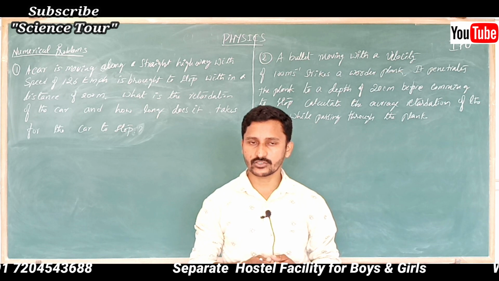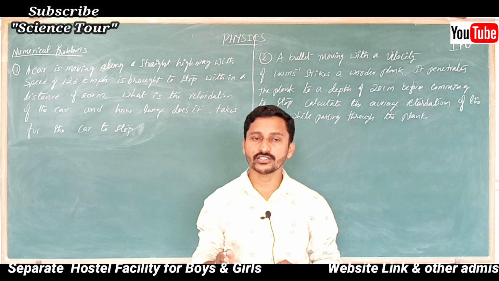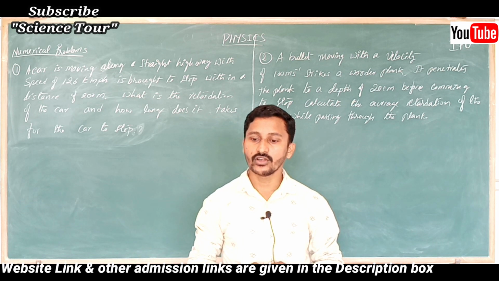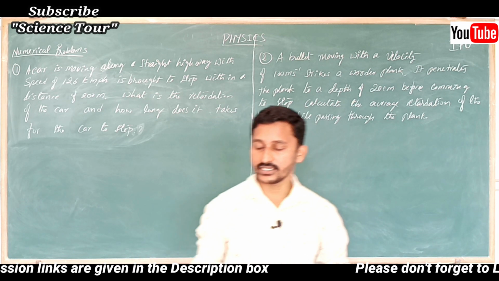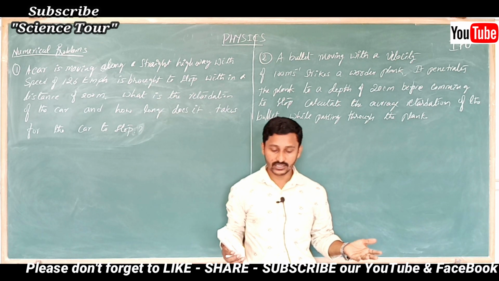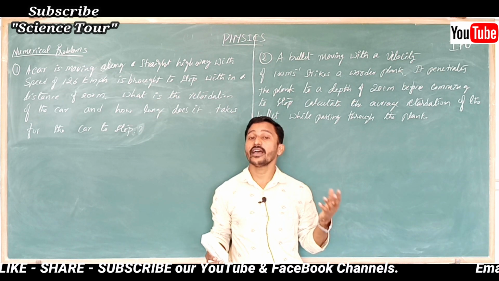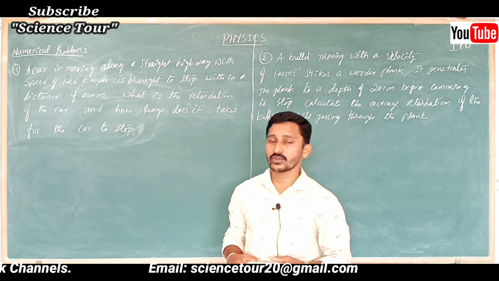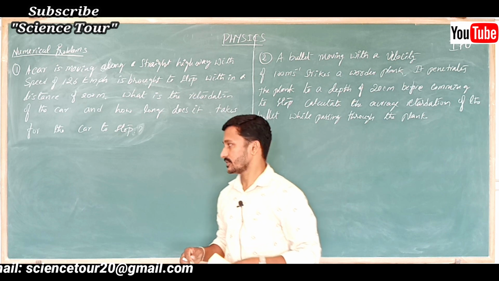That becomes the topic, stopping distance. And the velocity goes on decreasing and becomes 0, right? That becomes retardation, because when velocity increases, that is called acceleration, meaning velocity is going to increase. Retardation means velocity is going to decrease, right?